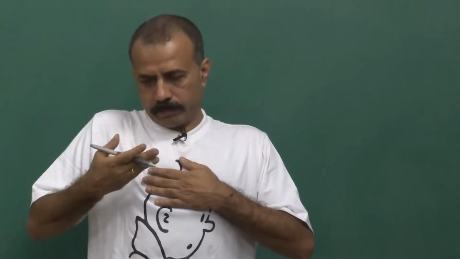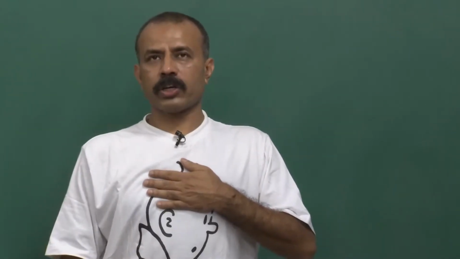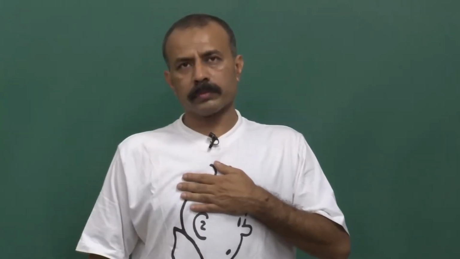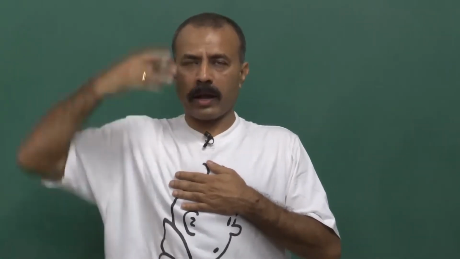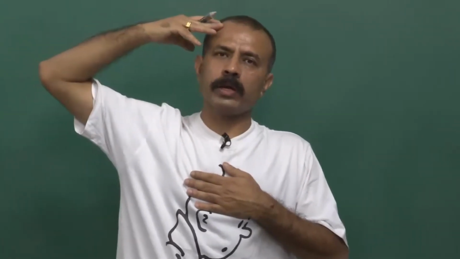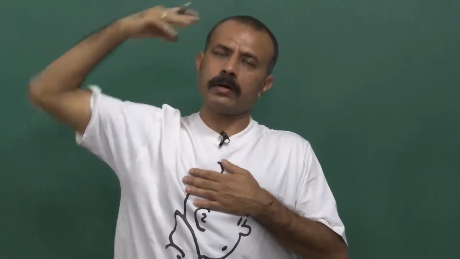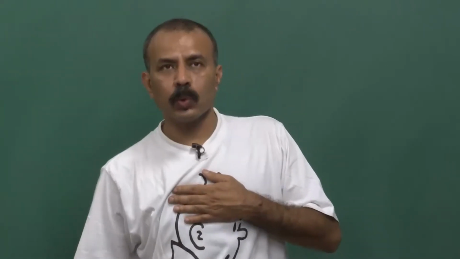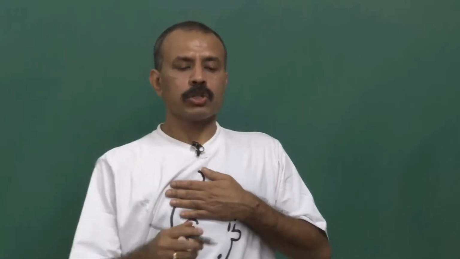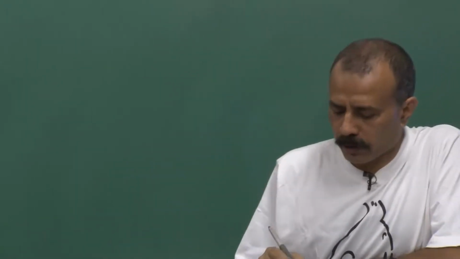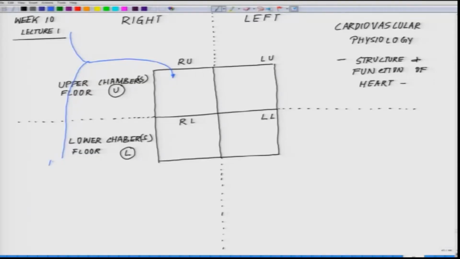So you have a big chunk of the body which is lower than the heart and upper. This part is called the superior, which is above the heart, and this is called inferior, which is below the heart. Fine. So if I put a nomenclature, this is called the inferior vessel, which collects from the lower part of the body, and this is called the superior vessel.